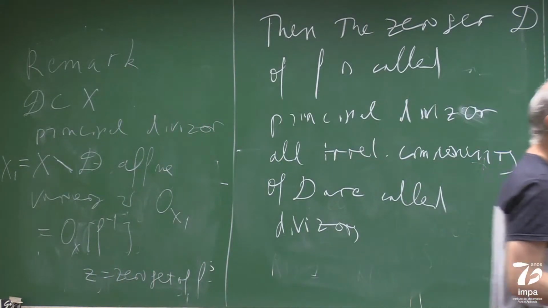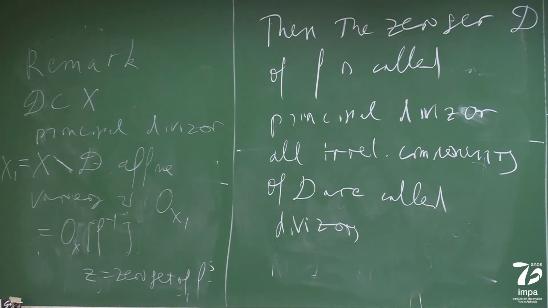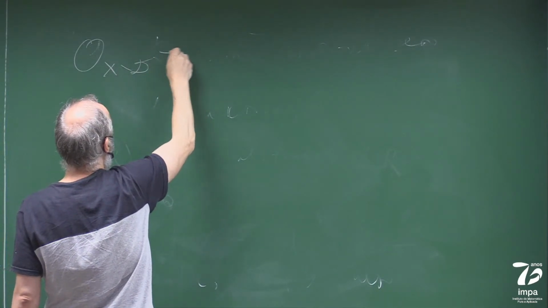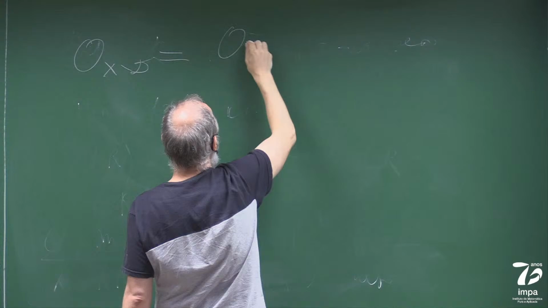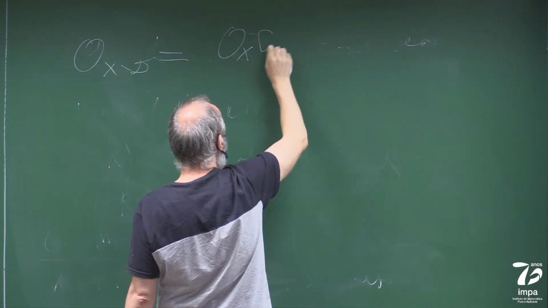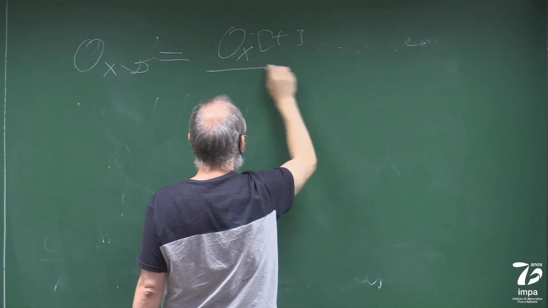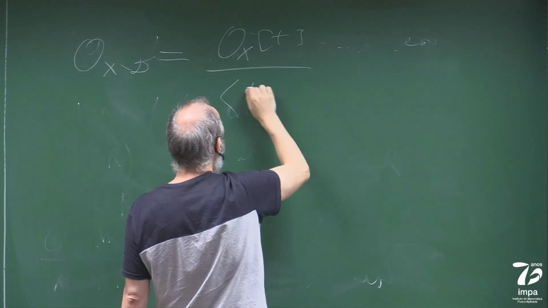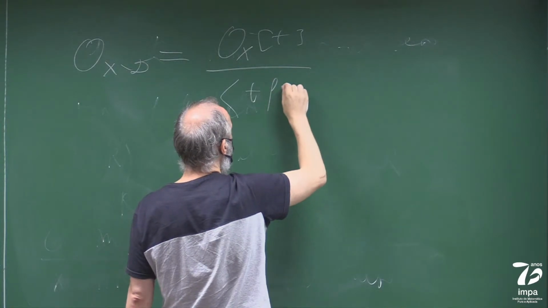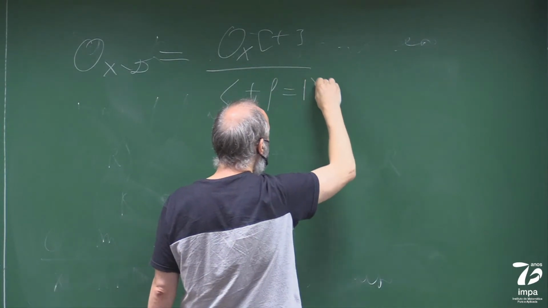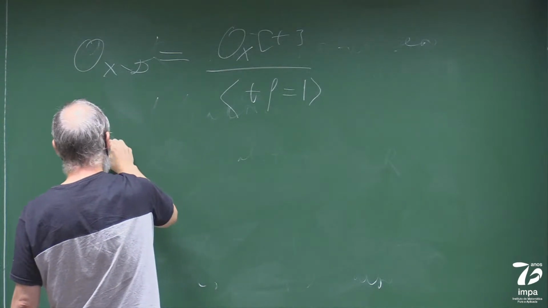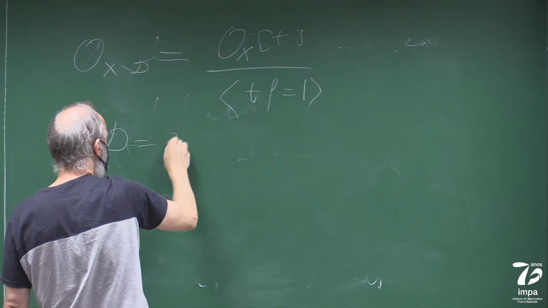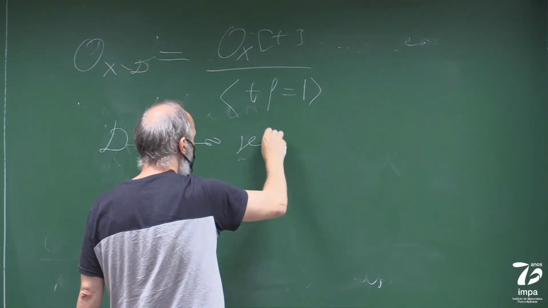O of X without D is O of X, and you add a variable, and you take a quotient by the ideal T f = 1, where D is the zero set of f.